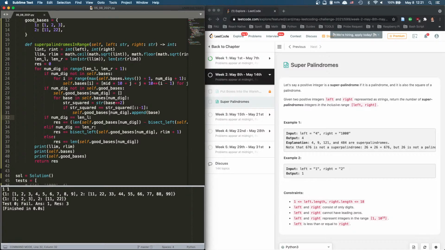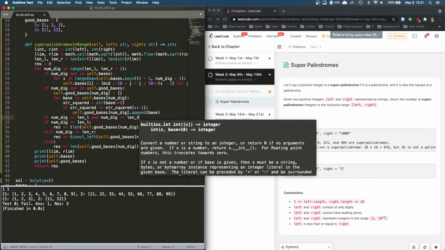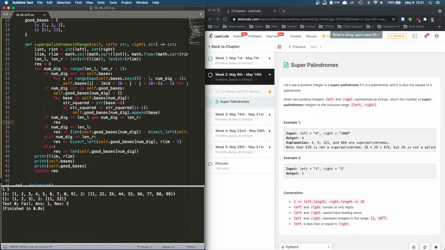So if they're the same, then we're only going once. Otherwise, we'll always go multiple times. So in a check, yeah, we have to check. Basically, the check has to be: if num digit equals len left and num digit equals len right, which means these two are the same, then res plus equal to, it has to be in between.